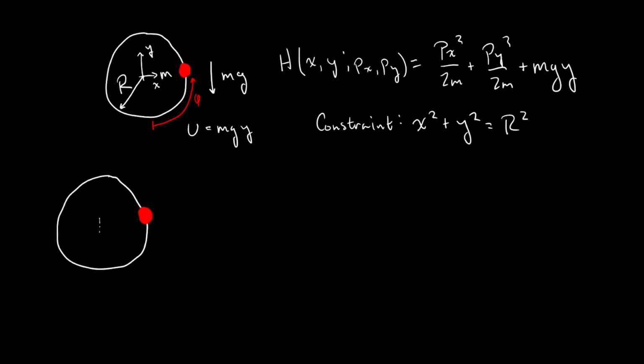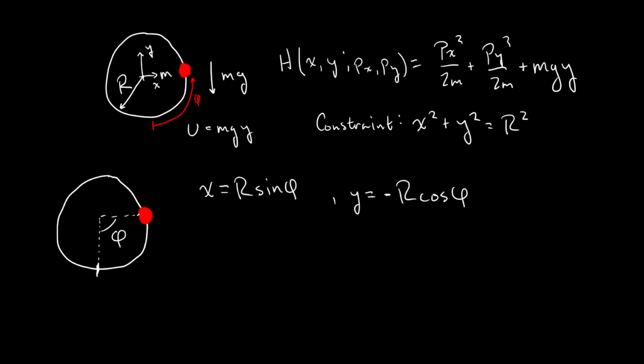I did a bad job of not drawing that at 90 degrees, but I'll call that angle phi there. Since it's measured from the bottom of this loop, x is r sine phi, and y is equal to minus r cosine phi.